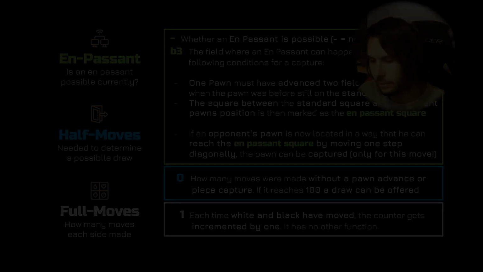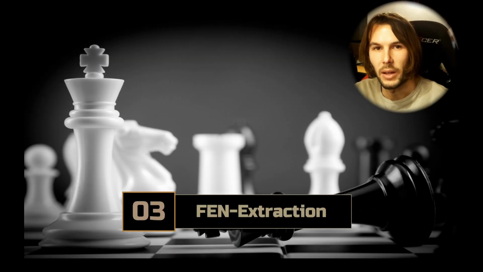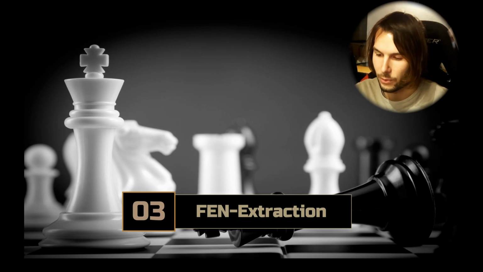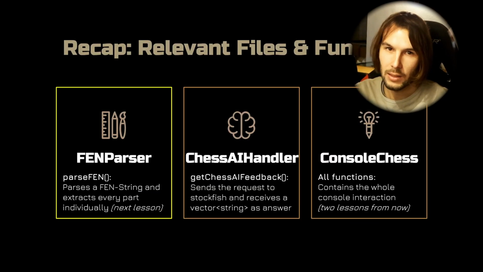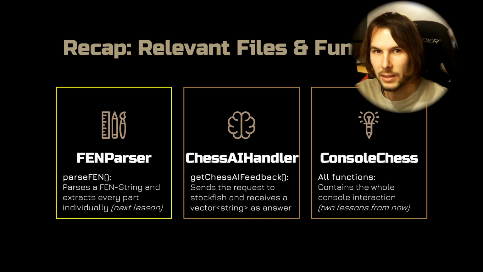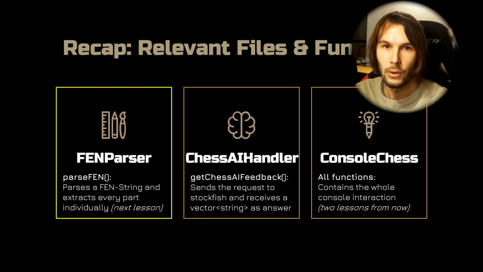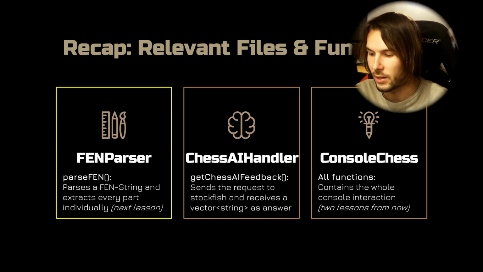All right, now that we know exactly which parts are located inside the FEN string, we can go on with the FEN extraction. And as I already told you, we have only 3 relevant files for us and the according functions to them. Last time we had a look at the Chess AI handler, how we can get our requests to Stockfish and what we can receive as an answer from there.